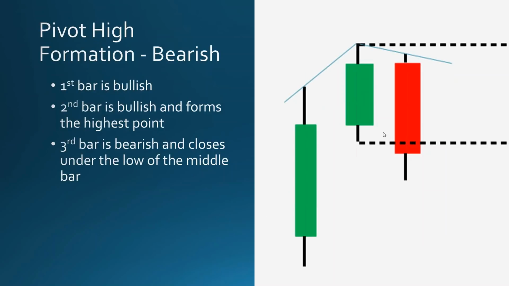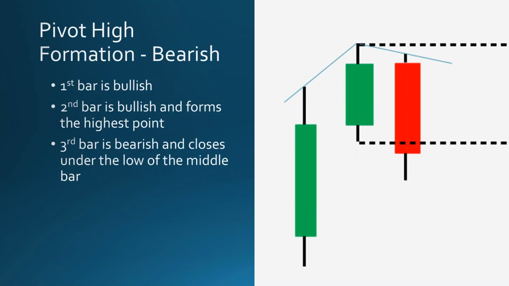Now, a lot of these candlestick formations will actually form what is called pivot highs and pivot lows, okay? With a pivot high, the first bar will be bullish. The second bar will also be bullish, and it will form a high that is higher than the preceding bar.